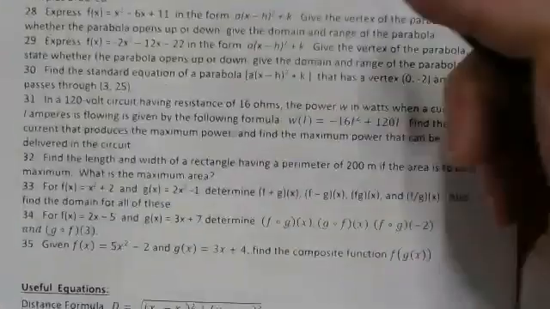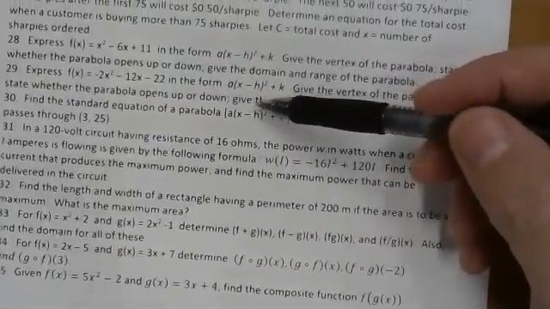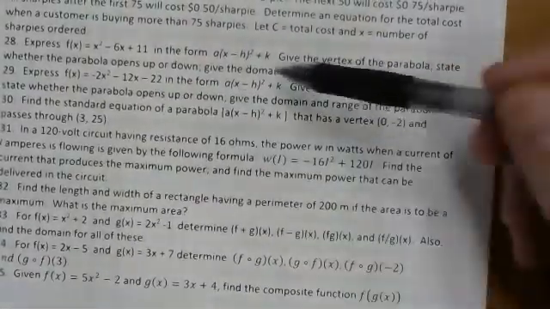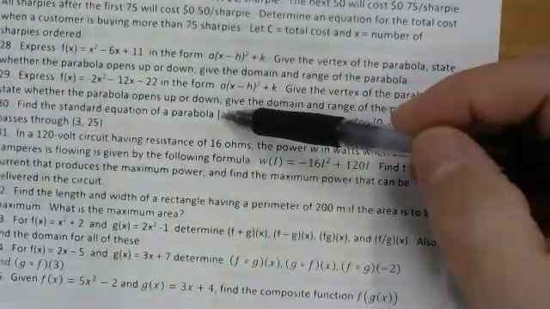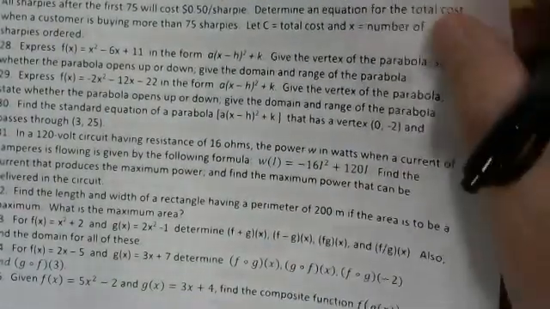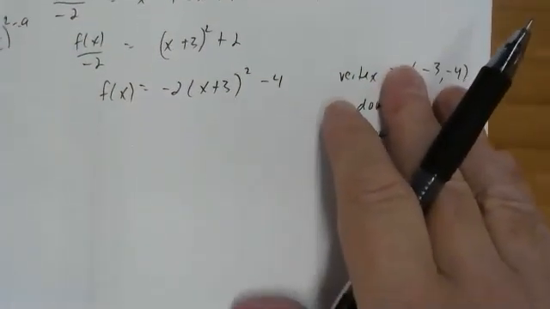All right, 30. Find the standard equation of a parabola that has vertex. So now they give us the vertex and a point, and they want us to find the equation of the parabola. All right, so this is number 30.